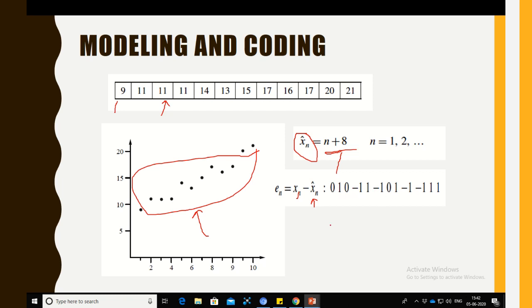This is the error. Looking at this error, it can be represented with three values: 0, 1, and minus 1. If I manage to send this equation along with these error values, I am able to represent the entire data.